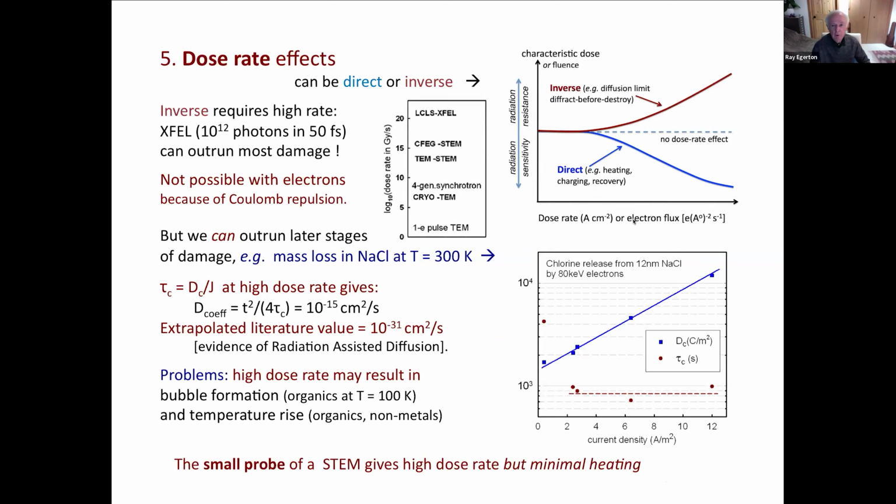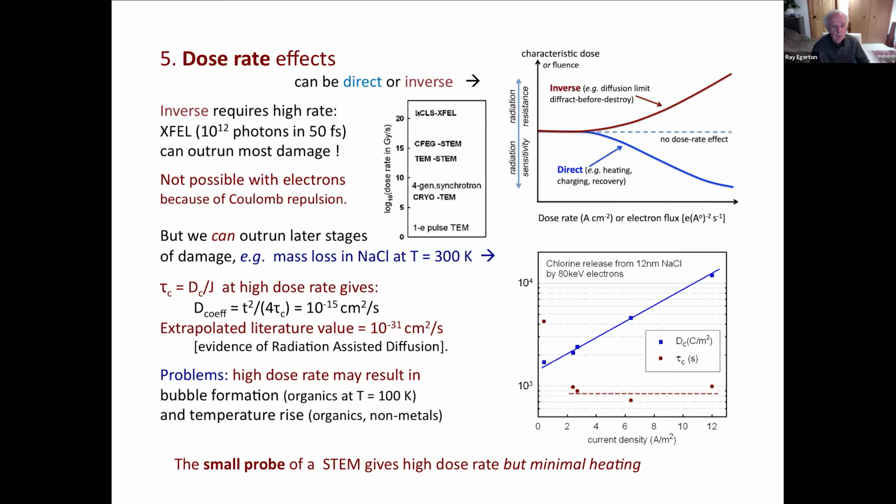A famous example of this inverse dose rate effect is the X-ray free electron laser, where with the intense amount of photons, 10 to the 12, that you can put on a sample within only 50 femtoseconds, you can actually read out a diffraction pattern within a 50 femtosecond time scale before the sample has had time to damage.